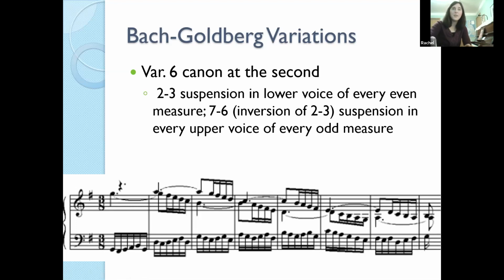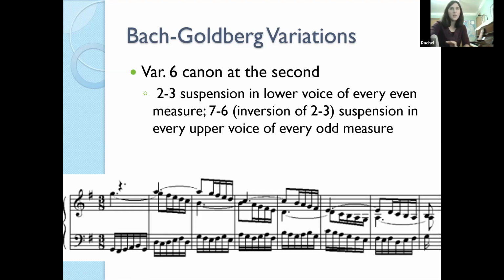Every even measure, so measure 2, 4, 6, 8, is going to be a 2-3 suspension in the lower voice of the canon. The left hand, again, is not part of the actual canon; it's the accompaniment to the 2 voices.